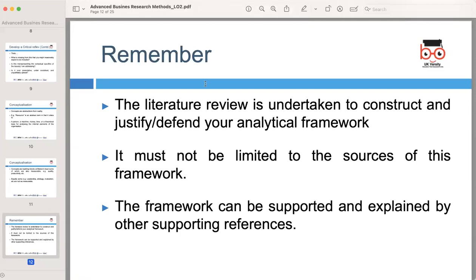The framework can be supported and explained by other supporting references. By using supporting references, we can also address potential gaps or limitations in our framework. These references may introduce alternative viewpoints that challenge our initial assumptions. Engaging with these perspectives demonstrates intellectual rigor and encourages a more balanced analysis.